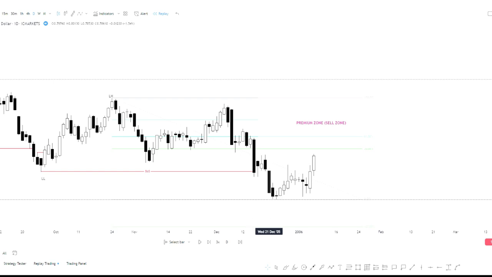Now I have a new valid pullback and I have a new lower low. Why? Because the high of the most recent bearish candle plus the extended wicks of the following candles are both broken with the body of this bullish candle.